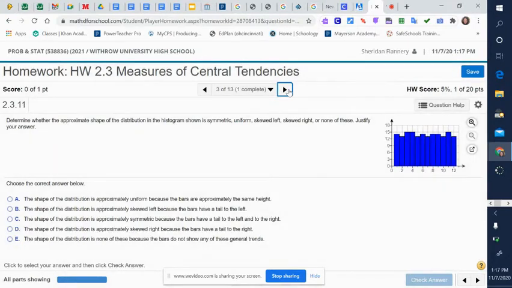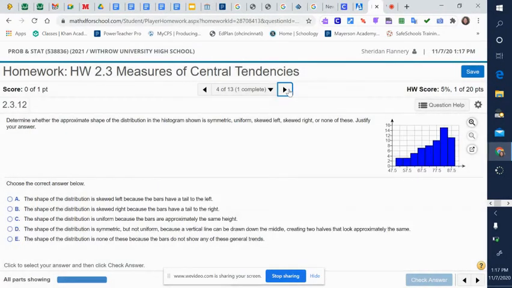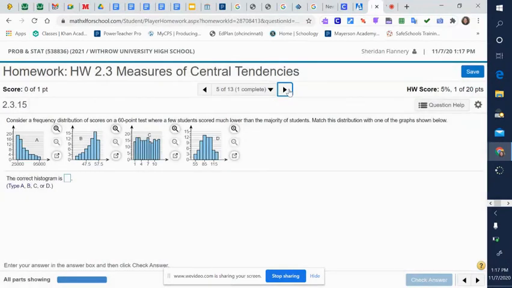I'm going to skip over a couple problems. You get the idea. You're going to do that a few times. Okay, this one. Consider a frequency distribution of scores on a 60-point test where there are a few students that scored much lower than the majority of the students. Match the distribution. Okay, so which one of these would match that information? A few students scored lower than most.